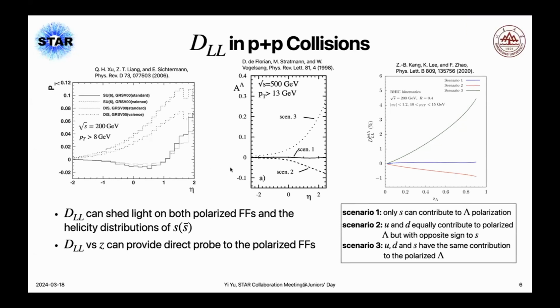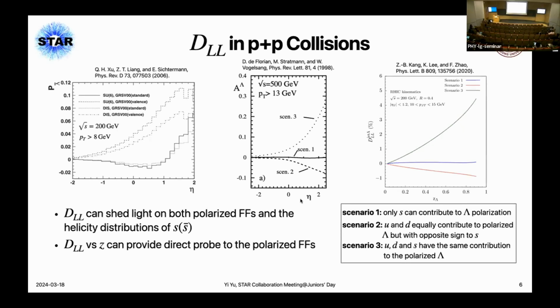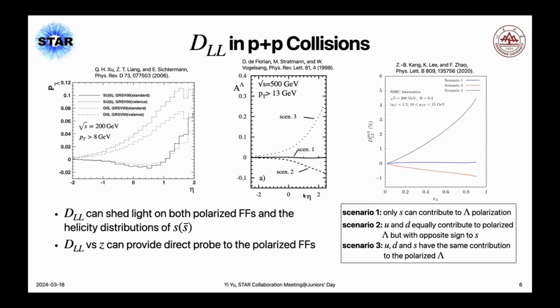And the second plot shows you the lambda polarization as a function of the eta, for different scenarios of polarized fragmentation functions. And it also shows that the DLL can provide discrimination between different scenarios.